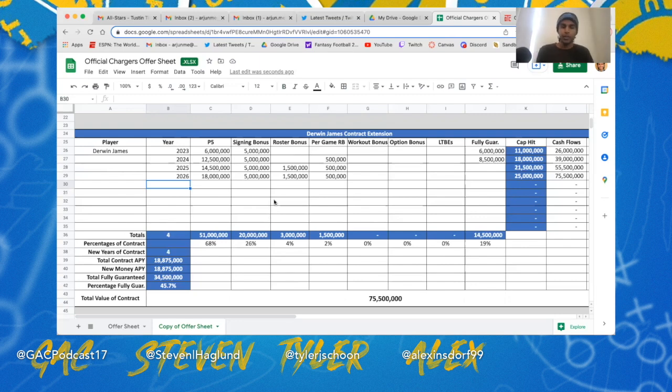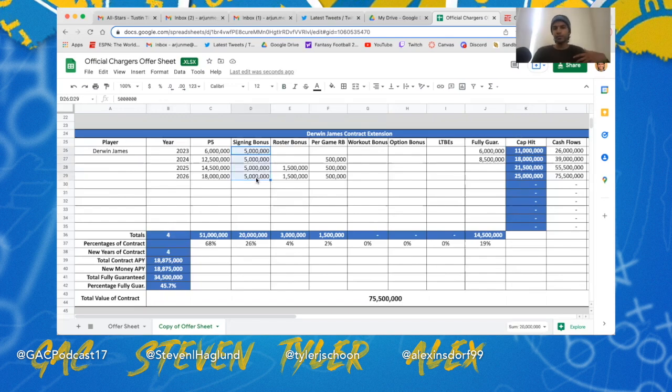So I fully guaranteed his year 1 at $6 million, partially guaranteed his year 2. So again, as the Chargers, we're showing these players that we care about them. We're giving them some long-term security to at least make this a 2 or 3 year deal. Essentially, with how big the signing bonus is, he's really not going to get cut.